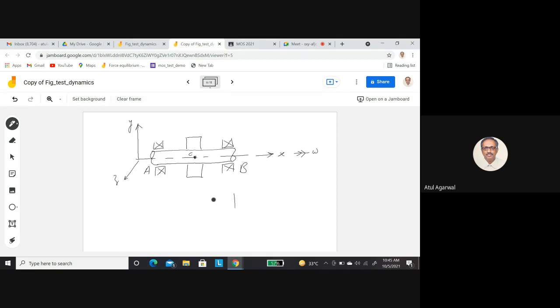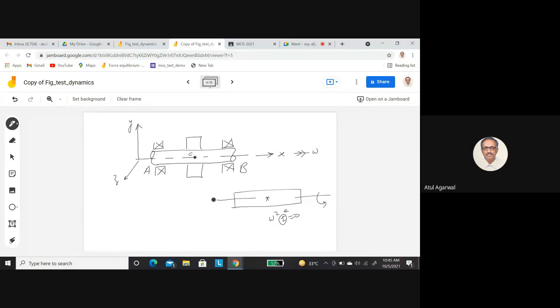You see, the rod is spinning about this axis. So the centroid is here. What is the distance of the centroid from the axis? 0. So omega square r will be 0 because this offset is 0. So the centroid is located at the axis.